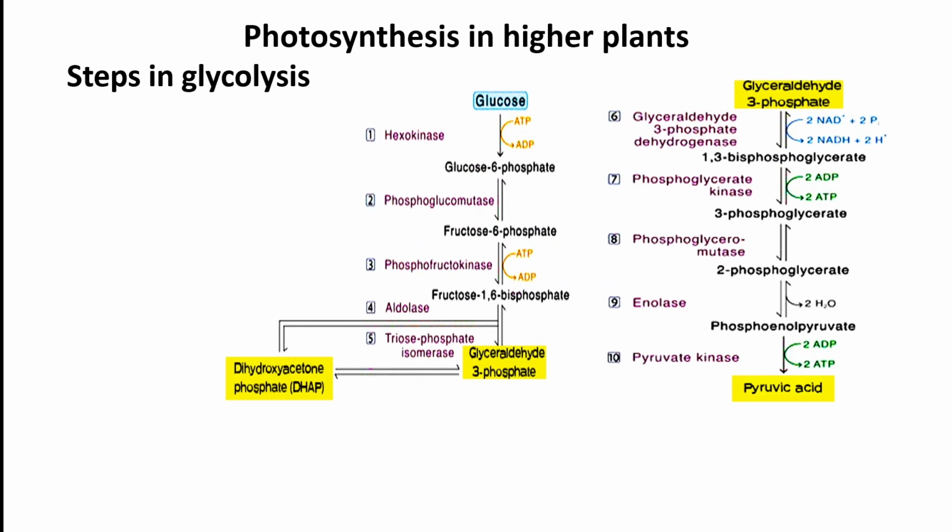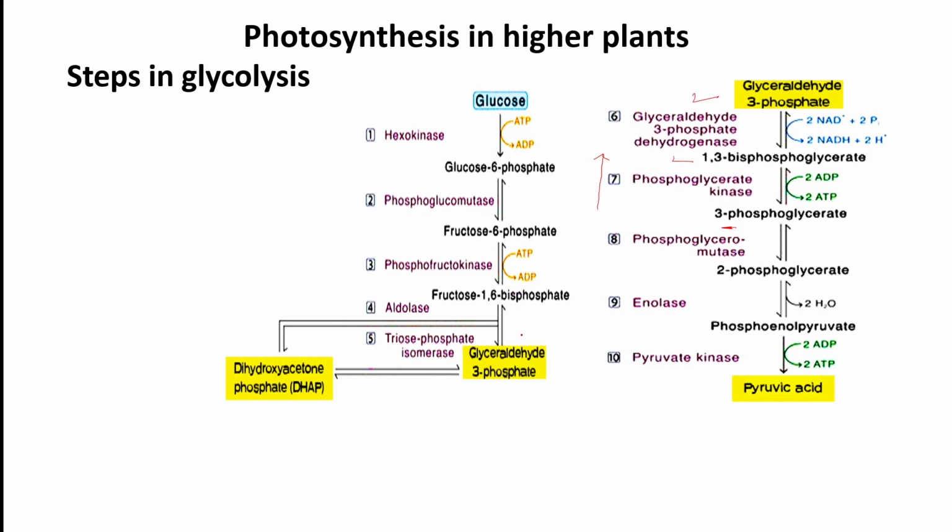It is the reverse of glycolysis. 3-phosphoglyceric acid is converted into 1,3-bisphosphoglyceric acid, and then finally 3-phosphoglyceraldehyde is produced.